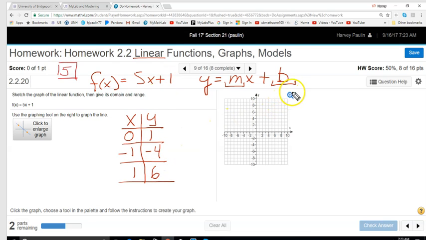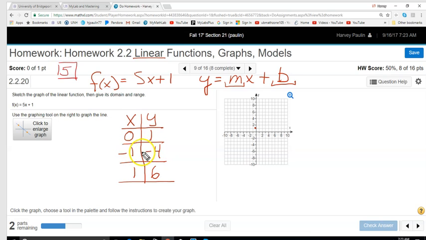So now what you'll be doing is clicking on this little circle here in your homework. It makes the graph bigger. And then you're going to touch the screen in two places. Well, one place, and it's kind of small, but we'll do the best we can, is 0, 1. So we start at 0, and we put a dot right there.